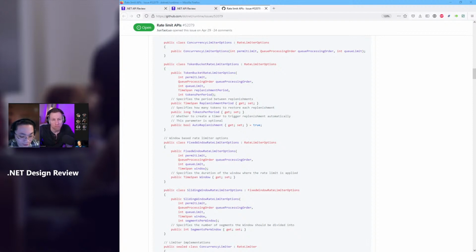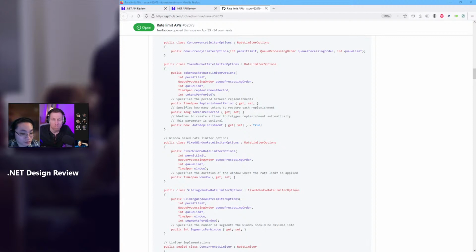Essentially, let's say you have 100 rate limiters, what you would do is set all of those auto replenishment to false, and then have one timer that triggers, and every time it triggers, it calls replenish on all of these limiters. And depending on the different periods that you've configured, you might want to call this every second or every whatever period that you externally control.